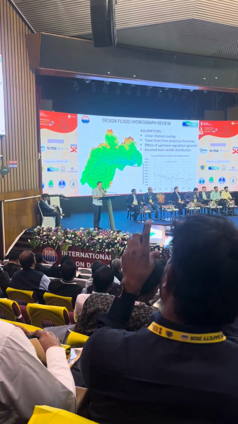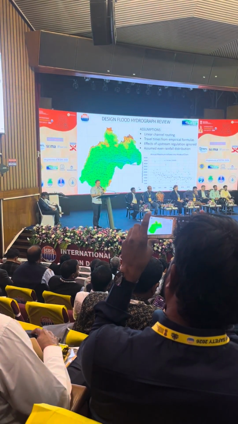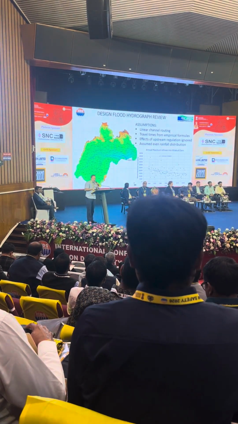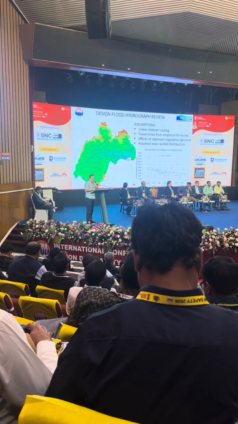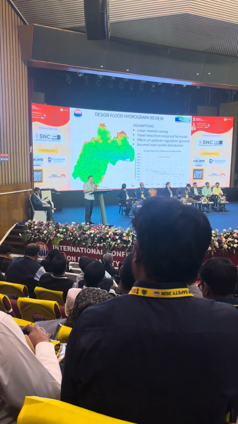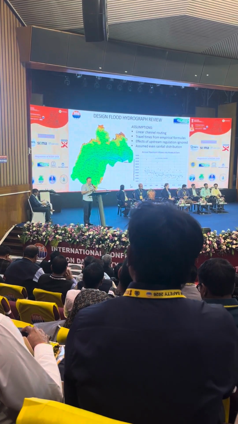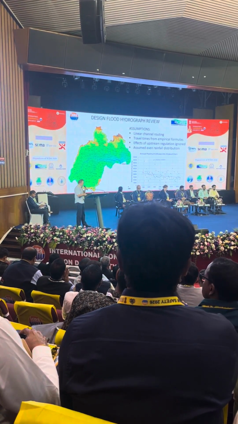You probably all know that if you have a catchment with more than 5,000 square kilometers, you have to subdivide it into smaller catchments. We then make all sorts of assumptions which we know are not true, like, for example, the linear channel routing between the catchments. We calculate travel times based on empirical formulas. We assume even distribution of rain over the entire catchment.